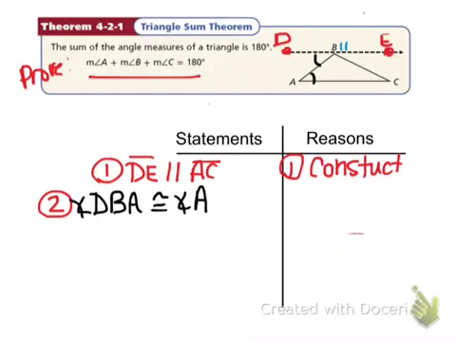I also could say my alternate interior angles on the right side. So I could say angle EBC is congruent to angle C. And I know that's true because they are alternate interior angles.